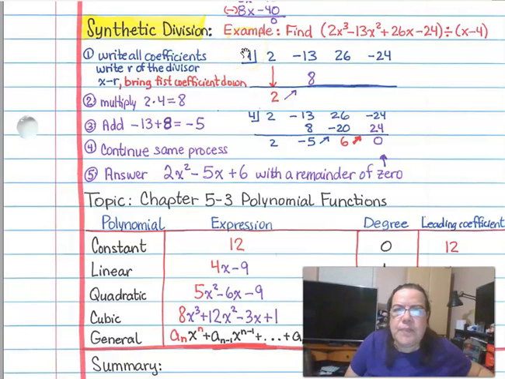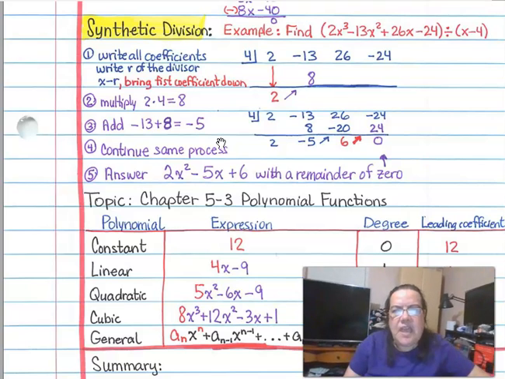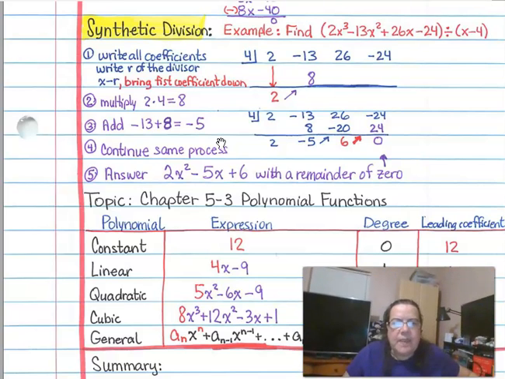All right, and then, to get started, let's say you already have all this written down. You bring your first coefficient down. So 2, just brought it down here. And then you multiply this number by that first coefficient. So what's 4 times 2? It's 8. Now you take these two and add -13 plus the 8 and see what you get. -13 plus 8 should give you -5.